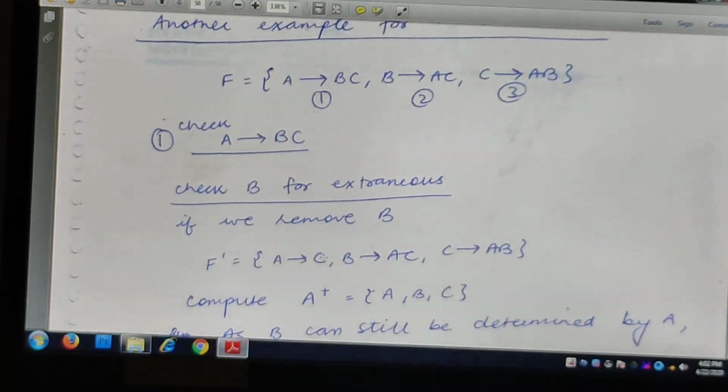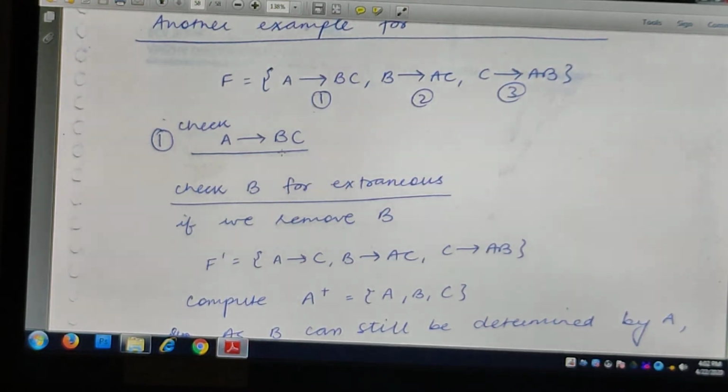Because it is A to C and C to B, it means A has B. So the closure of A is A, B, C. B can still be determined. Here we had that B was dependent on A. After removing B, even then I can find out that B can be determined using A.